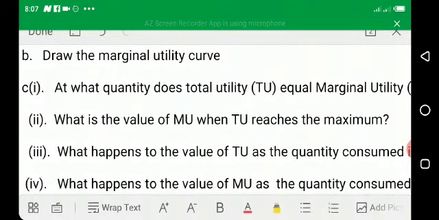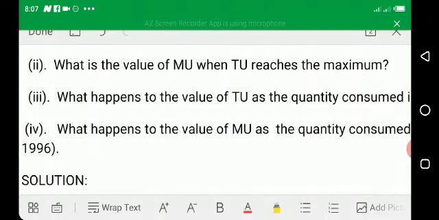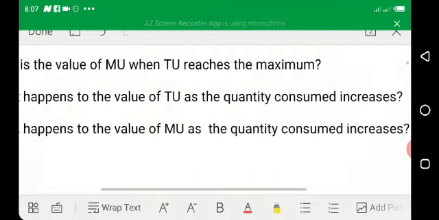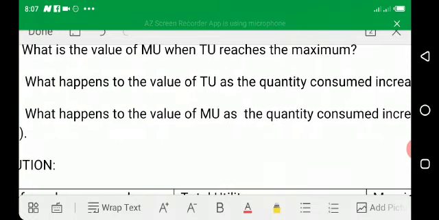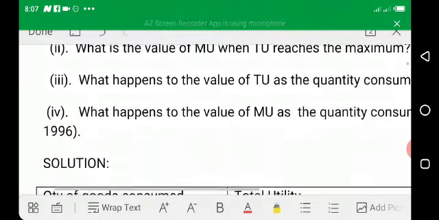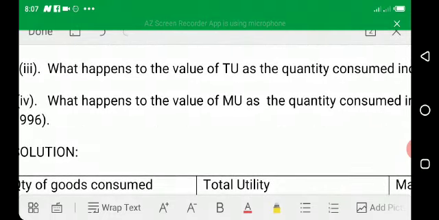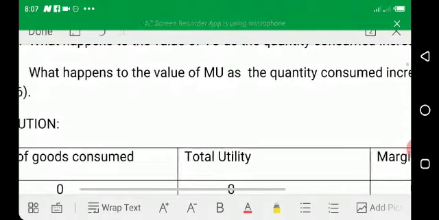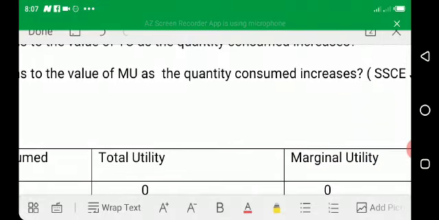Then the next question says, what is the value of marginal utility when total utility reaches the maximum? Then what happens to the value of total utility as the quantity consumed increases? And the last question here says, what happens to the value of marginal utility as the quantity consumed increases?